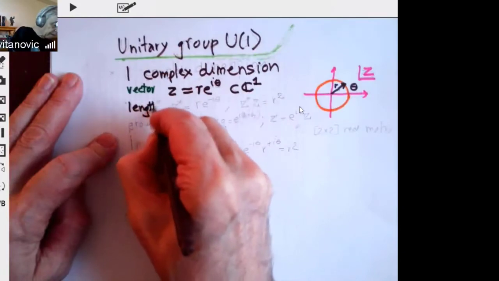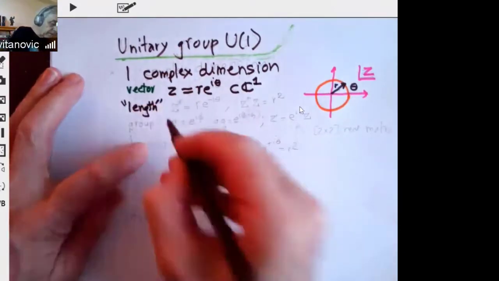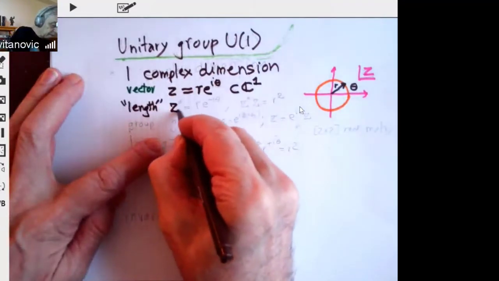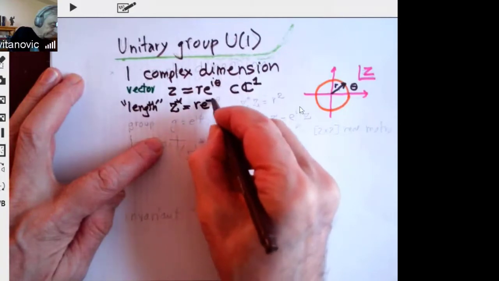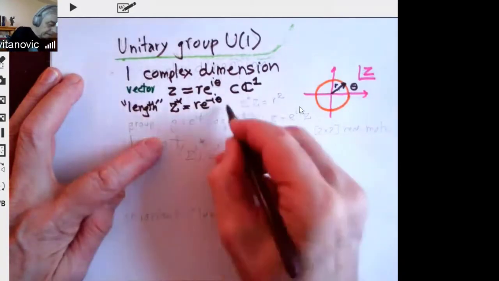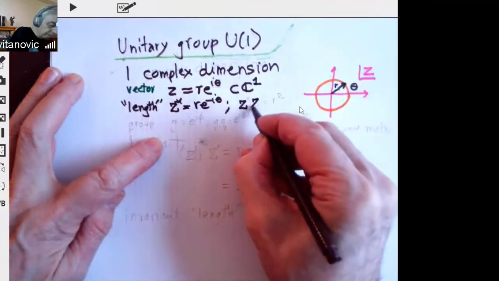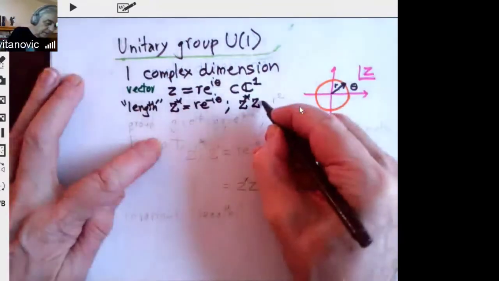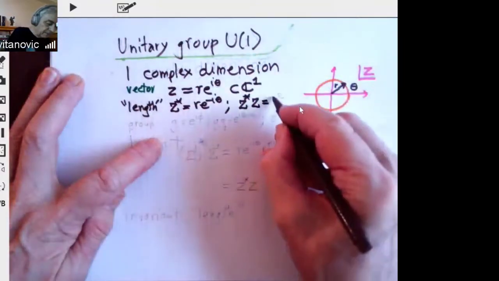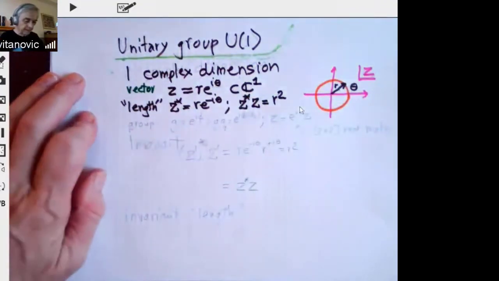One can associate length with it, which is usually called modulus, by defining a complex conjugate and then multiplying the complex conjugate and the original number by the usual rule, we get the square of the radius, so the square of the length.